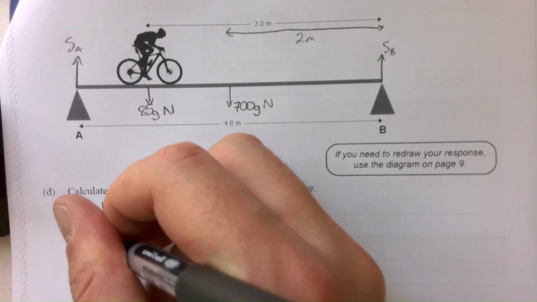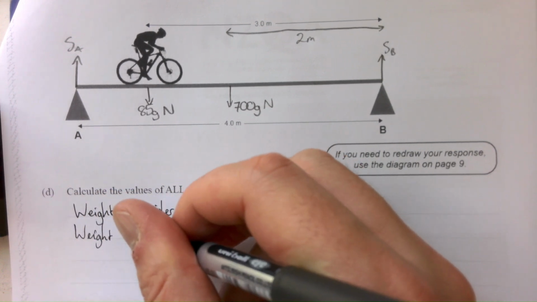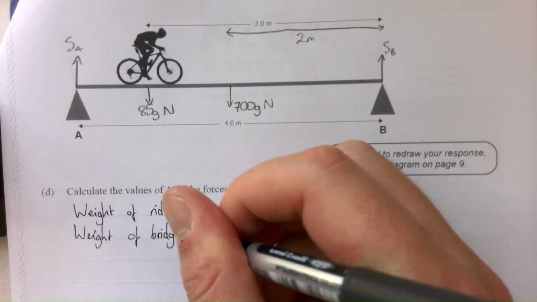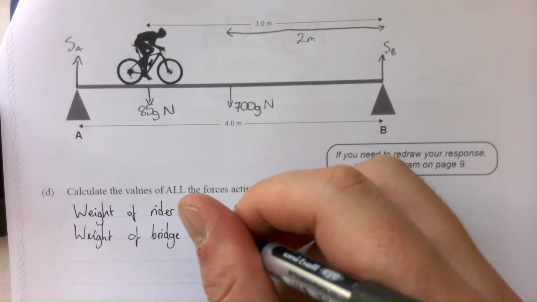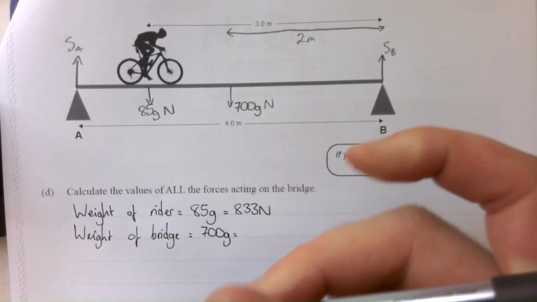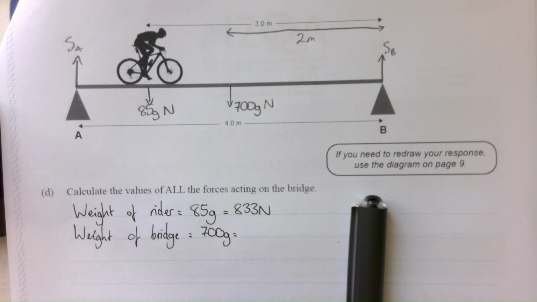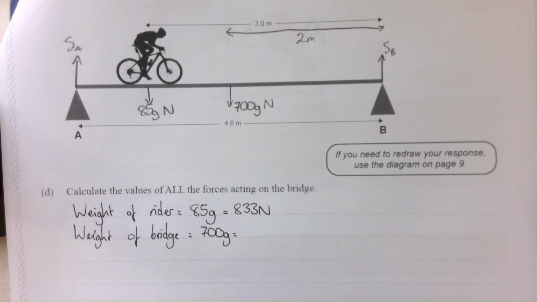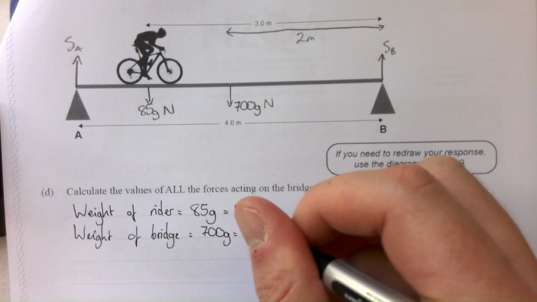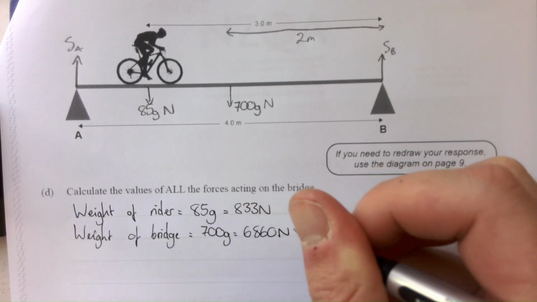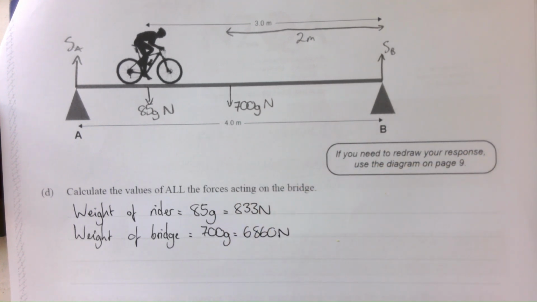Then the weight of the bridge is 700 g, which gives me 6860 newtons. So immediately I have got two forces worked out.